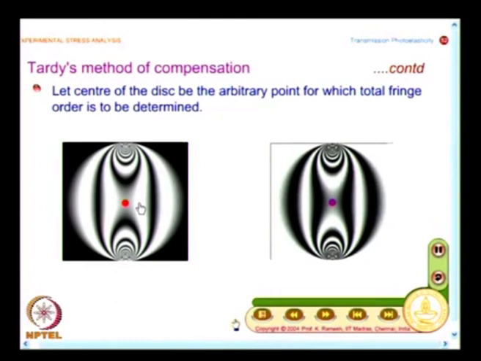And in some of the polariscopes built several years earlier, they used to have a control on loading the model. They used to have a water tank to load the model. So, they will adjust the level of water until a fringe occupies the center.